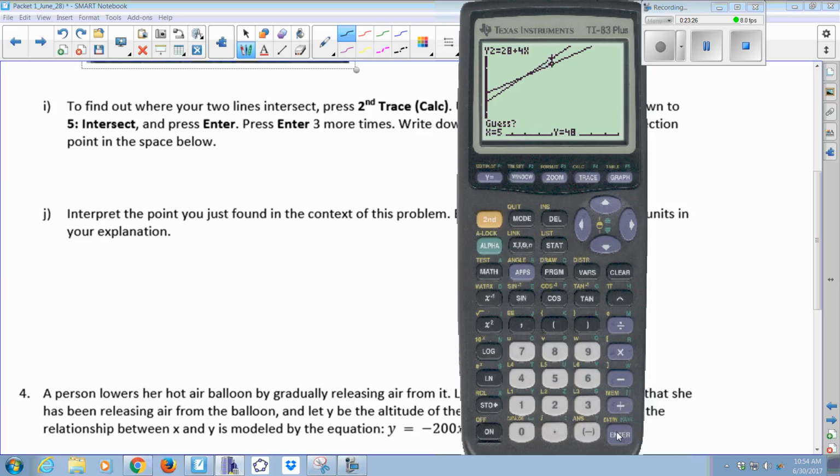I'm going to enter again. And then it asks you to make a guess, and you just hit enter one more time, and it does all the thinking for you. Voila, x equals 3 and y equals 40. So that's how we use the calculator to find the intersection point.